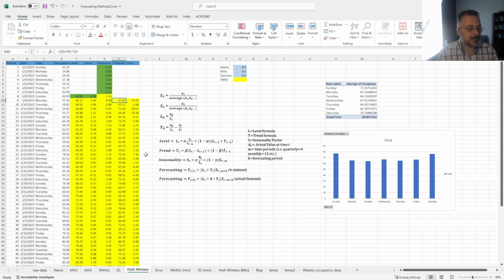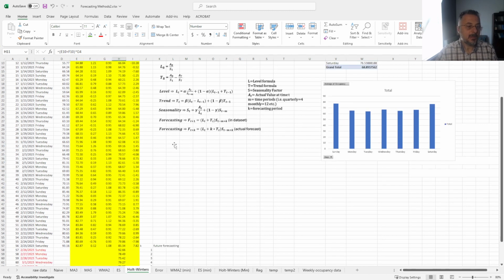It's not that complex if you look at it. What you do is basically take the initial level plus the initial trend, times the seasonal. Once again, we are looking at the Monday seasonal. We got this, and we calculate all the way down.